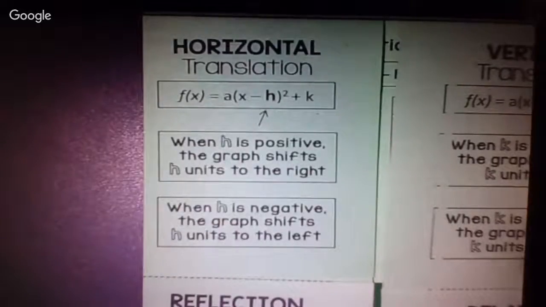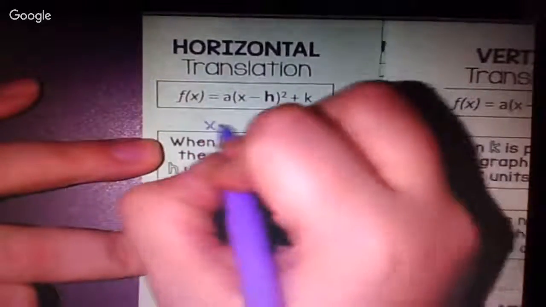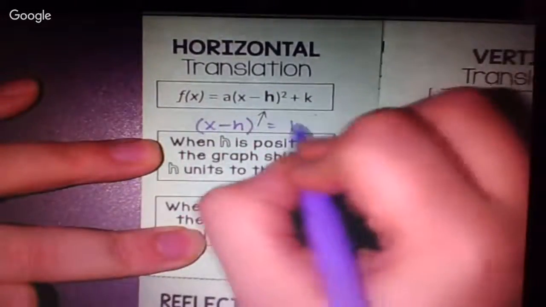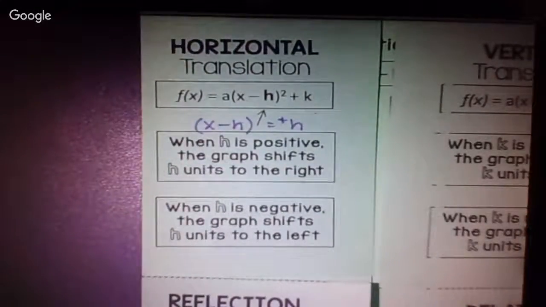Okay. The biggest thing that everybody struggles with is when h is positive. When h is positive, that's actually x minus h. When I have x minus h, that means I end up with a positive h. Remember, it was always opposite when we factored, and we ended up with x minus h. That meant my h value was positive.